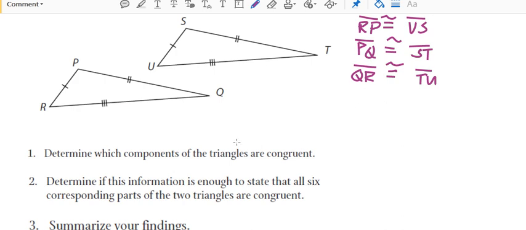So when I think about my definitions, one of them states that if three sides of one triangle are congruent to three sides of another triangle, then the triangles must be congruent.